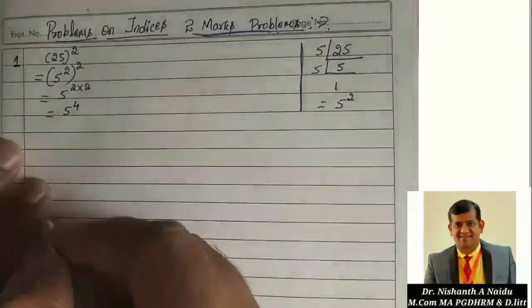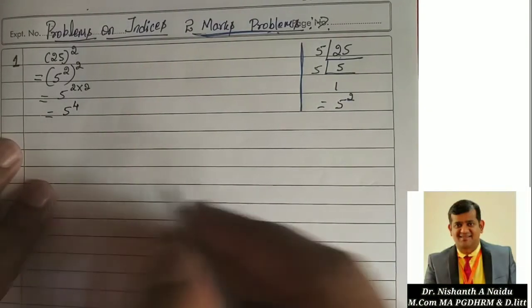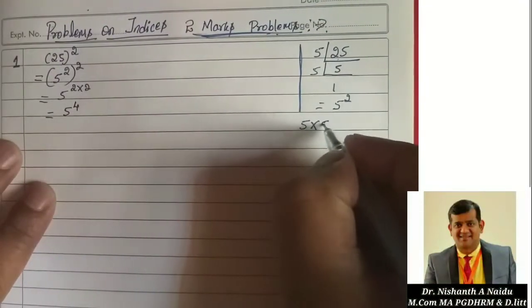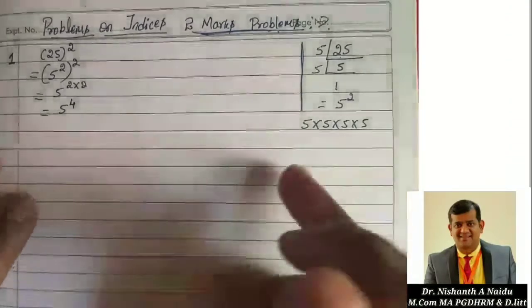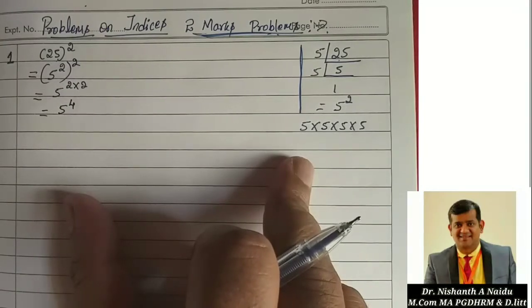How do you convert 5 to the power of 4? Multiply 5 four times: 1, 2, 3 and 4. So now do 5 into 5 into 5 into 5.